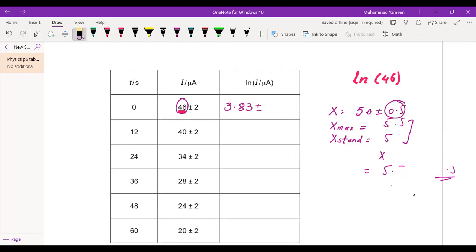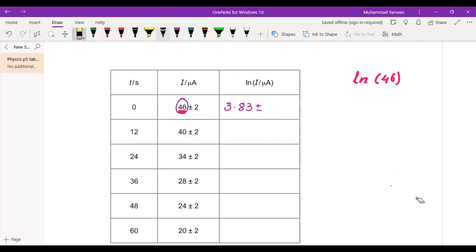That will give you absolute error in that value. So over here we have to calculate delta ln I. So that is delta ln I should be the max value of ln I minus the standard value of ln I. So what's the maximum value of ln I? If you increase the number, the value of log will also increase.